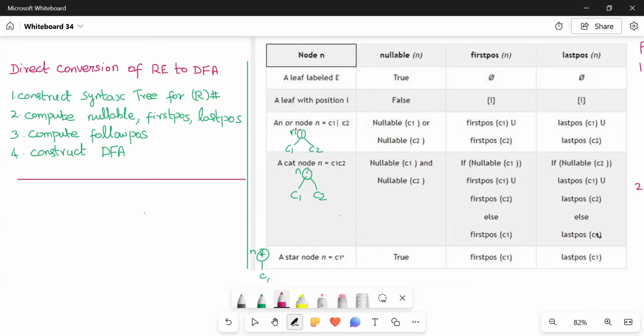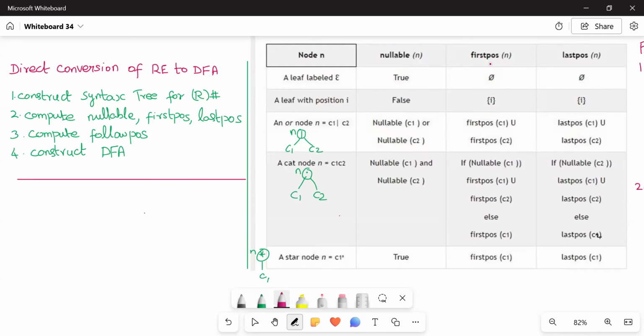Then when n is an OR node or union operator, first position of n is first position of C1 union first position of C2. Then first position of n for the cat node: first we have to check whether C1 is nullable or not. If nullable of C1 is true, then first position of n is first position of C1 union first position of C2.